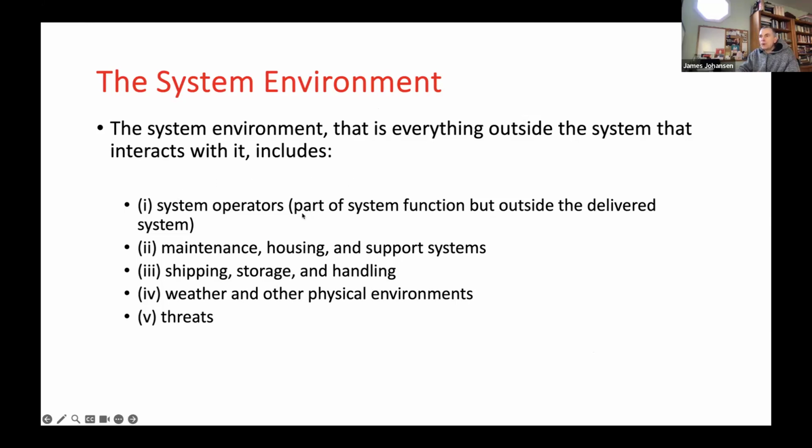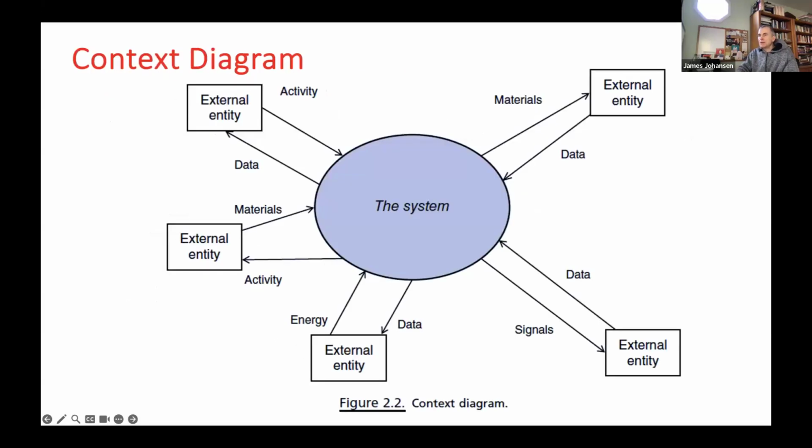How are the system operators going to be engaging with this? Is there going to be a mechanism for maintenance, housing, and support? What about shipping and getting it into that system environment? What about weather and other physical environments? And what about threats, hostile environments, or things it has to be playing in?